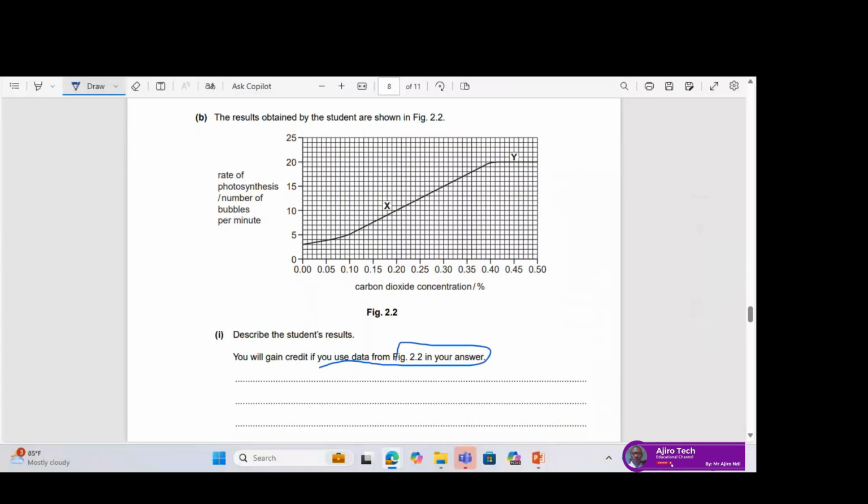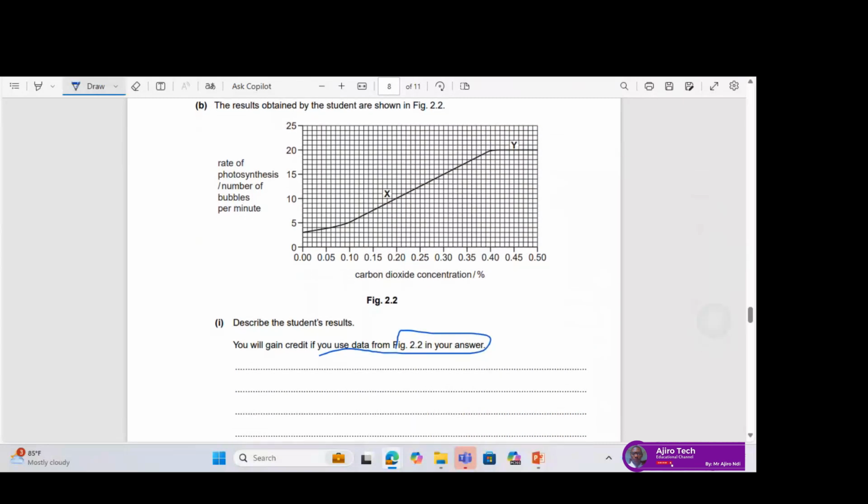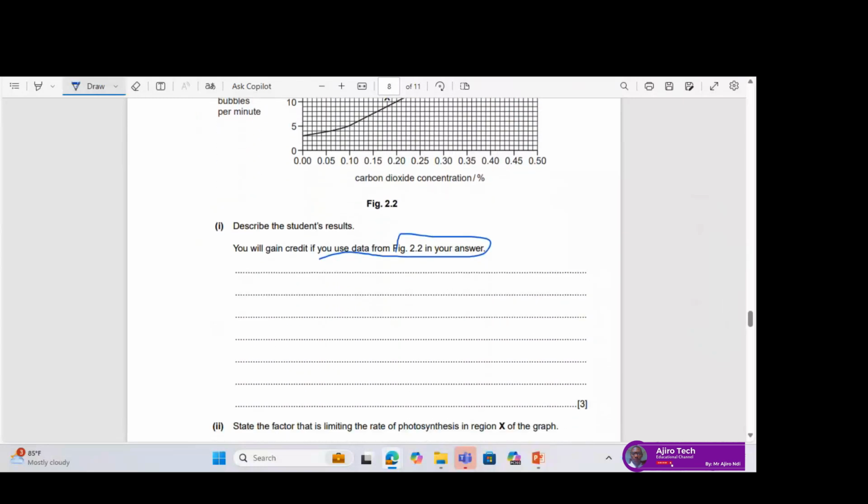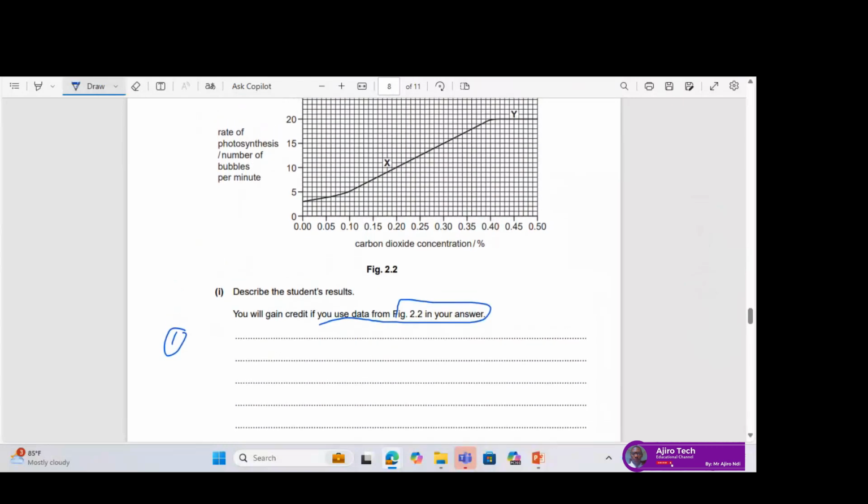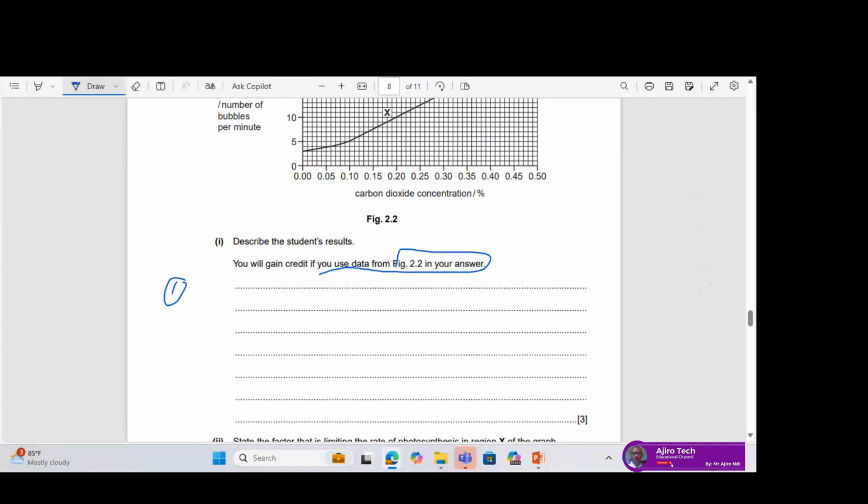The more carbon dioxide concentration there is, the higher the rate of photosynthesis, or the higher the rate of bubbles per minute. Okay, that's 1 mark. There are 3 marks. Go on.